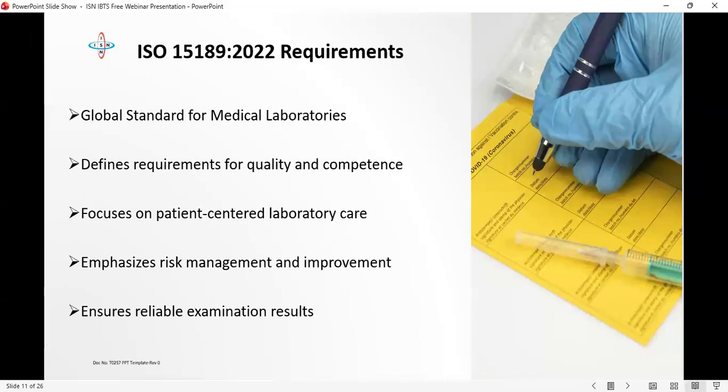It also requires that the lab is actively identifying and managing risks, preventing errors before they even happen to the patient, and continuously improving their process. In simple terms, it means that the lab is not just doing tests, but delivering accurate, reliable and patient-focused results within a structured quality management system.